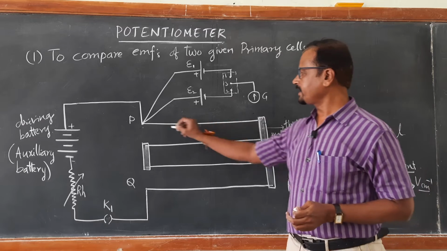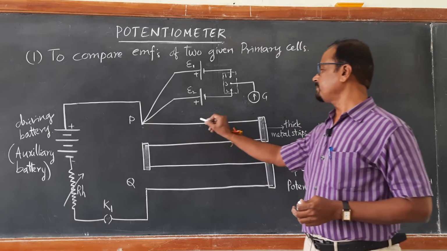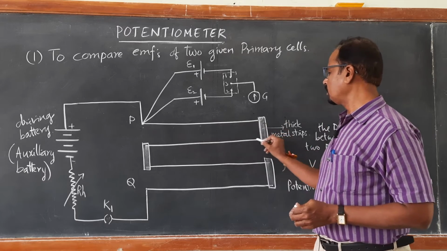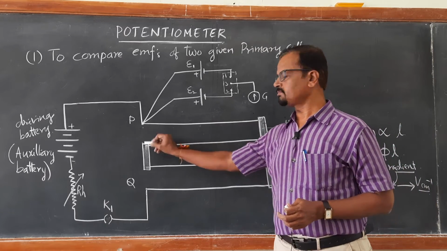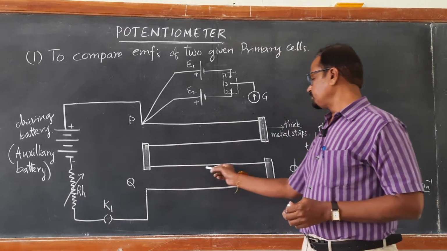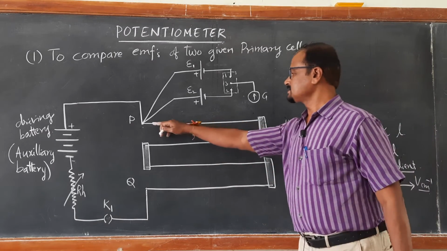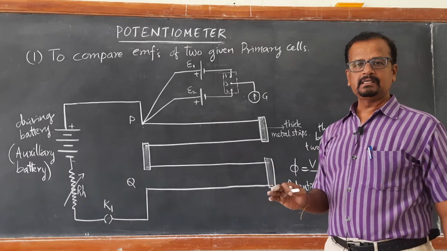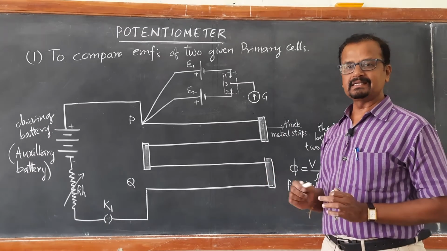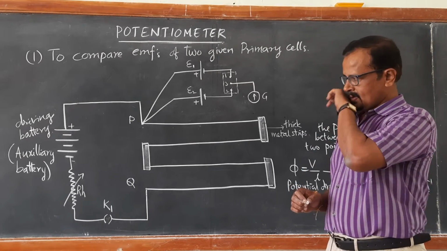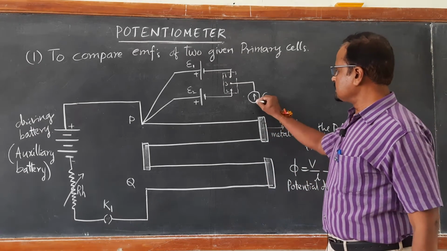So that sliding contact is free and it can be slid on this wire from 0 to 100, 100 to 150, 160 and so on up to 200, 250 to 300 and so on. It is left free so that you can go on sliding it and try for getting the balancing length. What is that balancing length? Let us see.